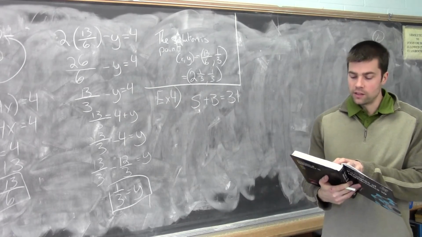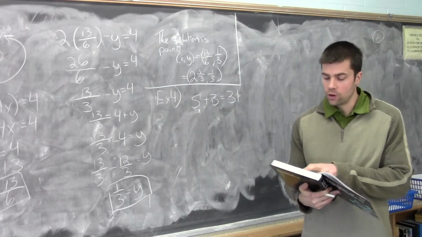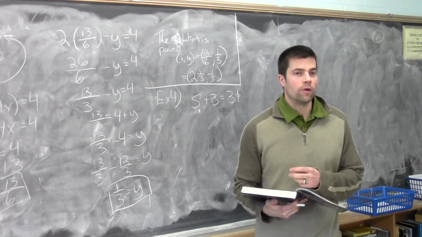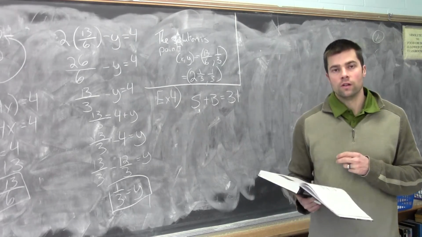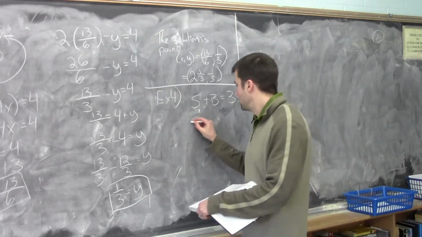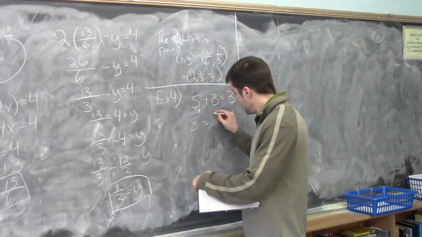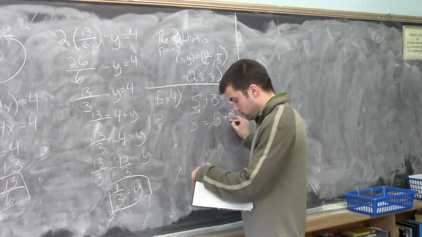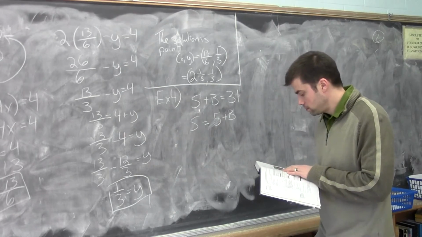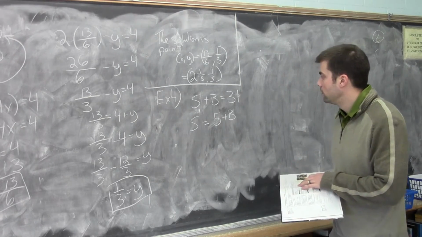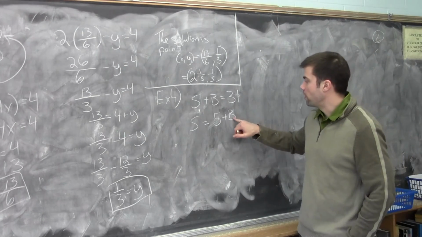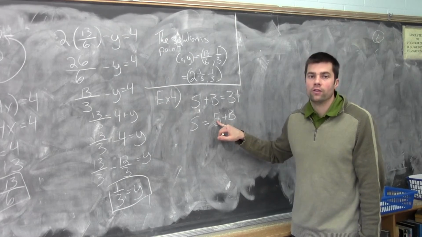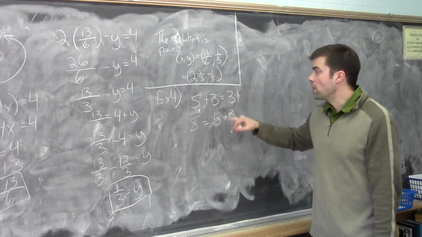And then it also says Stephanie has 5 more fish in her aquarium than Brett. So how would I write that? Yeah, Steve? S equals 5 plus B. Excellent. So she has 5 more, so whatever Brett has, she's going to add 5 to that value. Okay, good. So then these are our 2 equations.